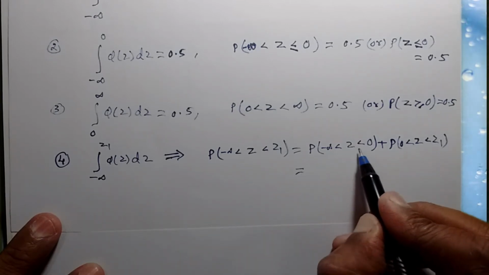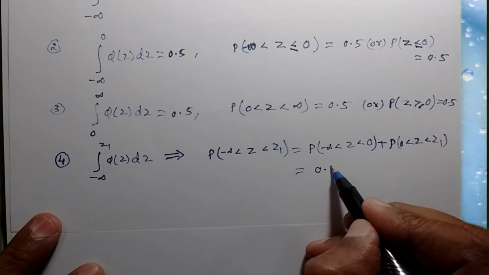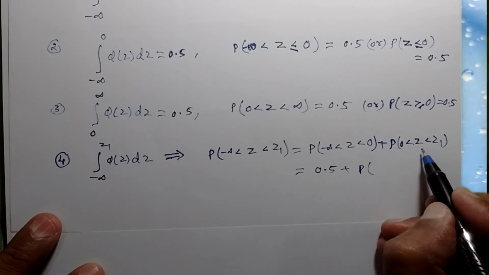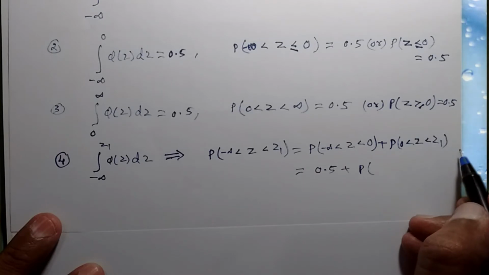But the probability from minus infinity to 0 is 0.5. So you can write 0.5 plus the probability when z lies between 0 to z1.